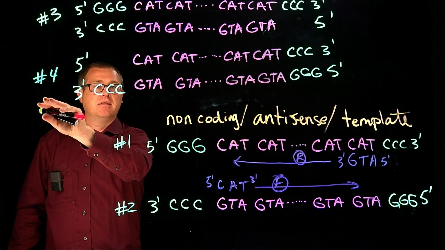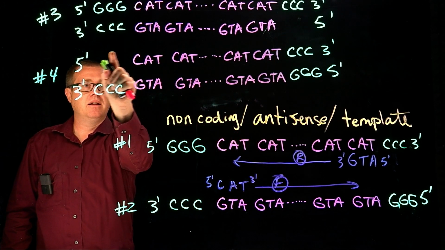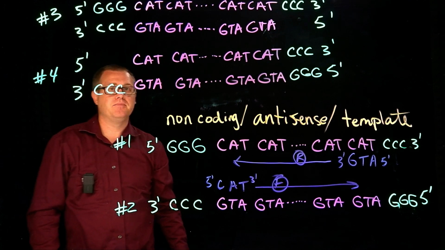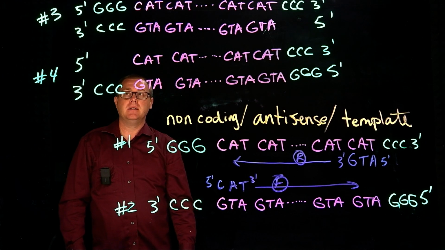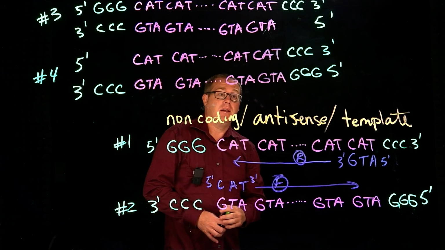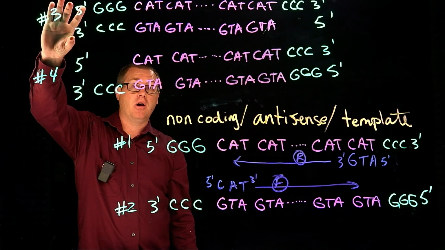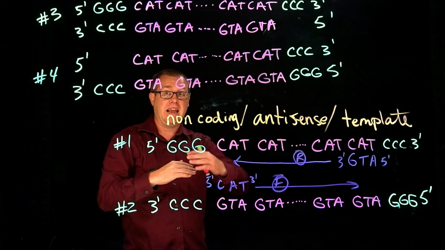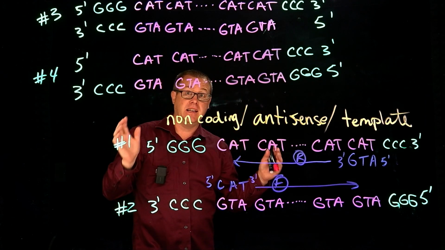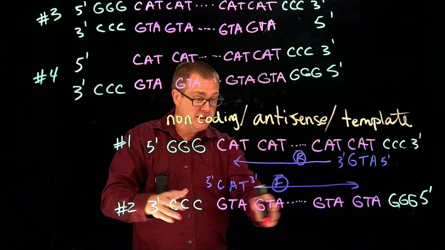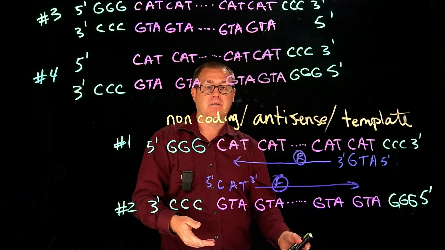And then on this molecule here, we're missing the plasmid right there. Okay? So now, in the next round, we're going to take molecule 3, denature it, anneal the primers, and do this process right here all over again.